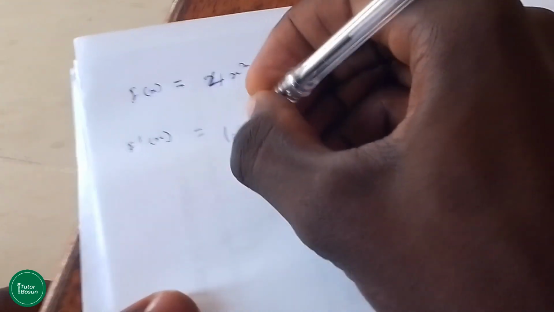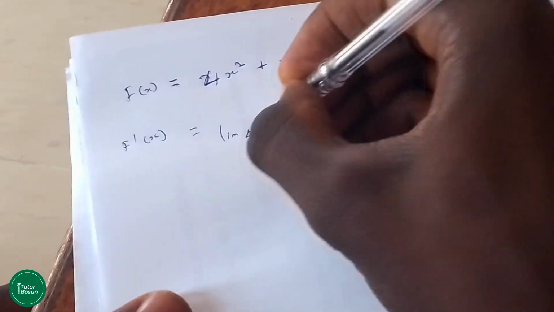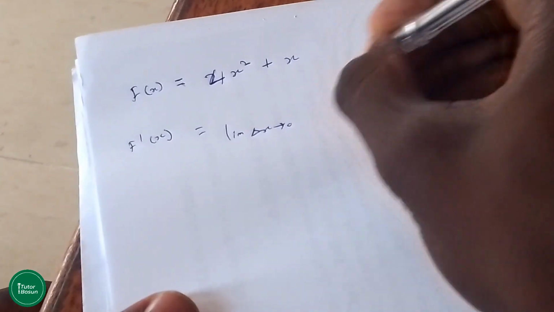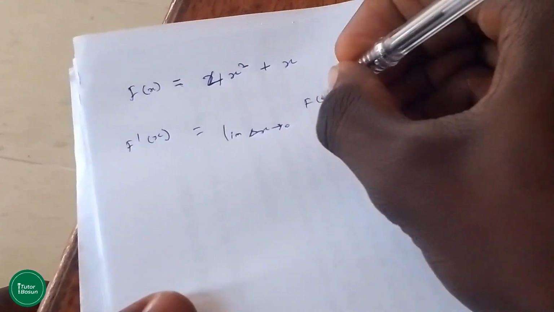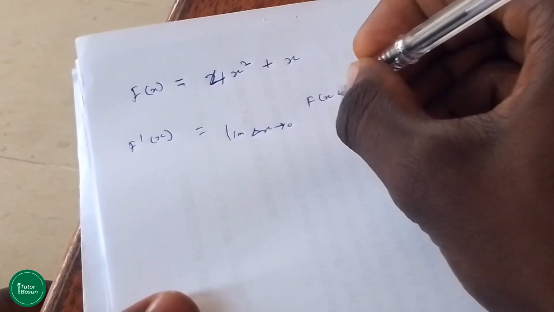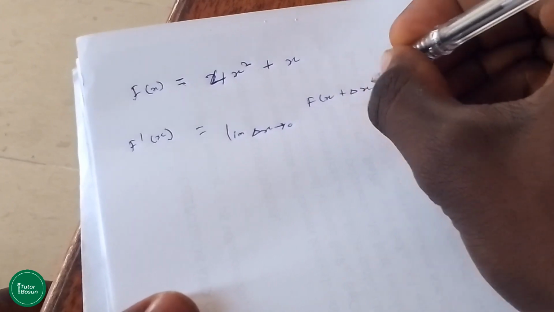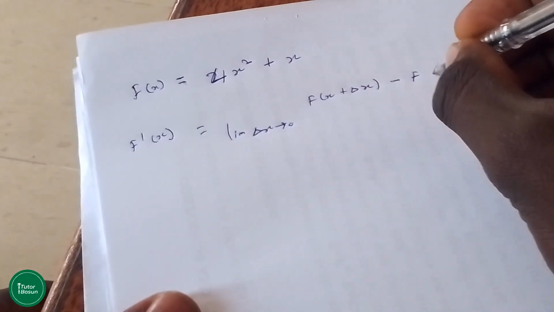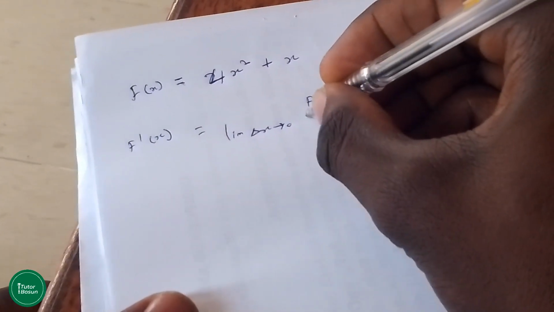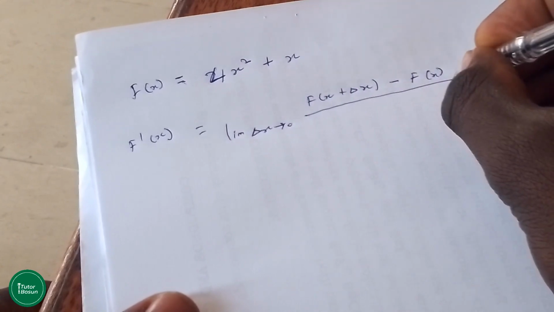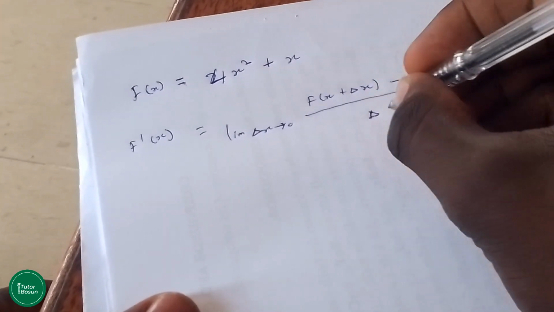us the limit of delta x to 0 of f of x plus delta x minus f of x, all over delta x.